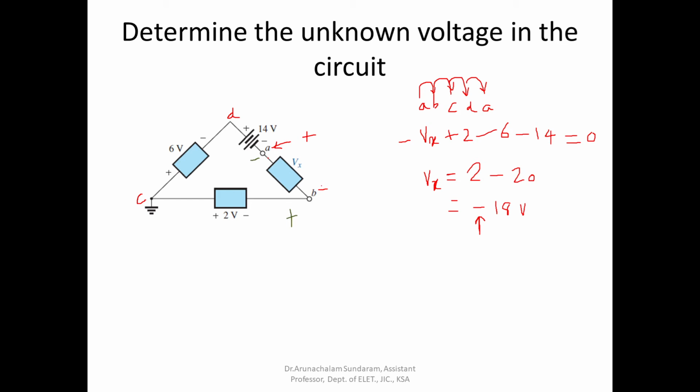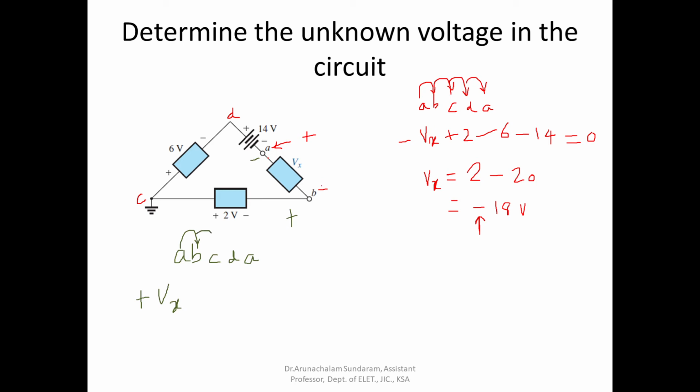Again we take the same loop: A, B, C, D, A. If you move from A to B, you are moving from minus to positive, so it is a voltage rise. So it is plus Vx.